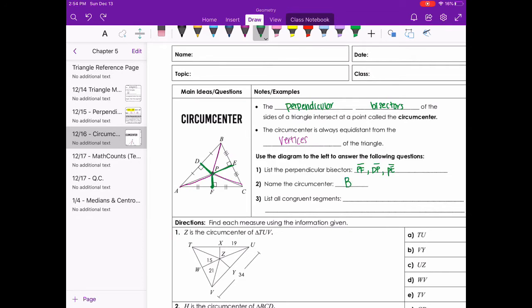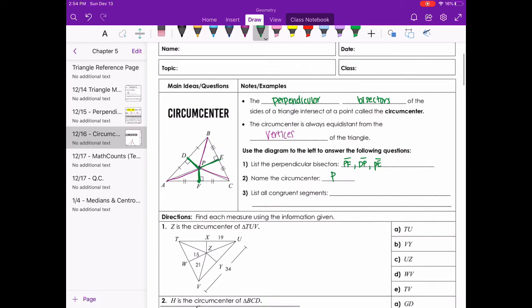And then there would be a lot of congruent segments here. AD, oopsie, is congruent to DB.